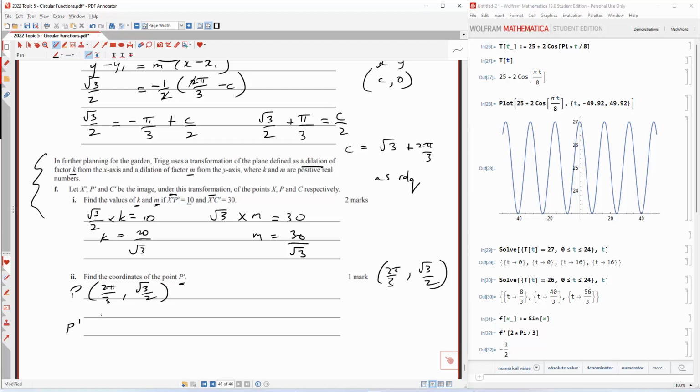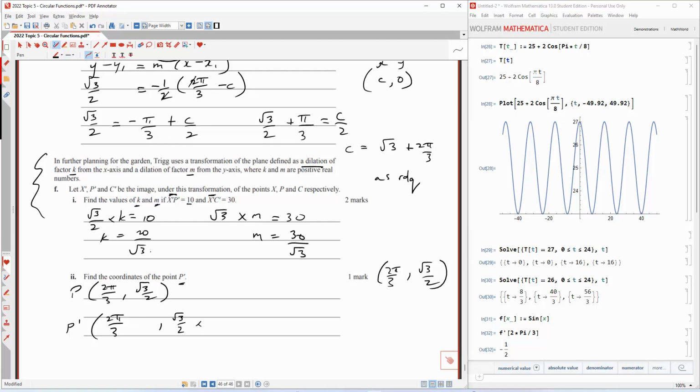So currently we've got 2 pi on 3, so this is point P, and root 3 on 2. So P' will be 2 pi on 3. So we're dilating by, so dilations from x change the y value. So what we've got is a y value currently of root 3 on 2.